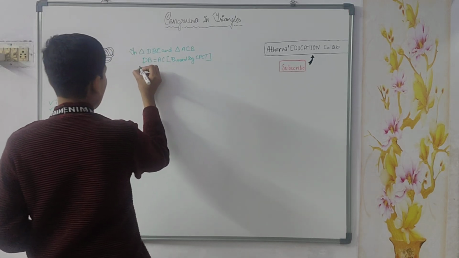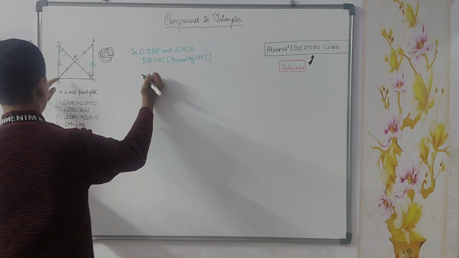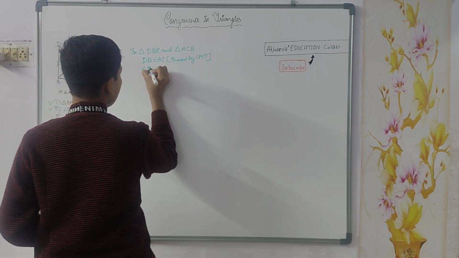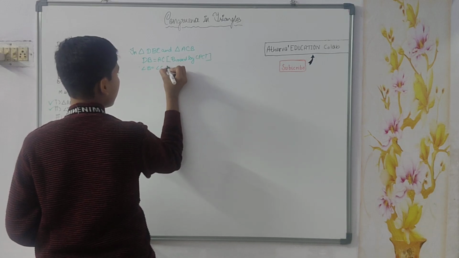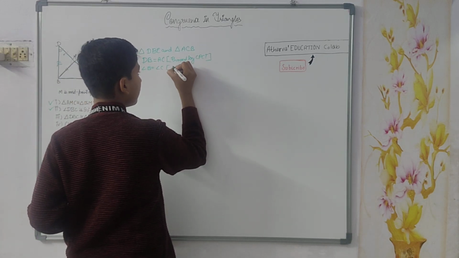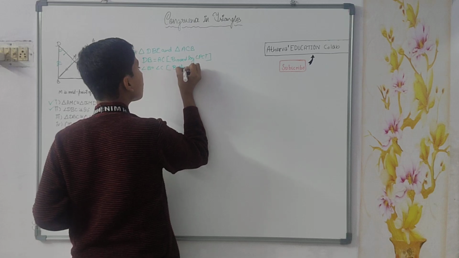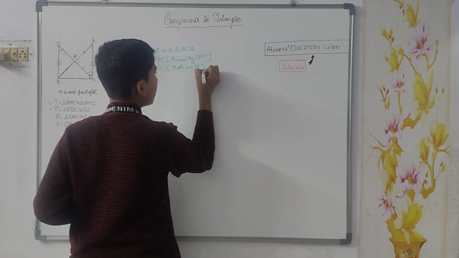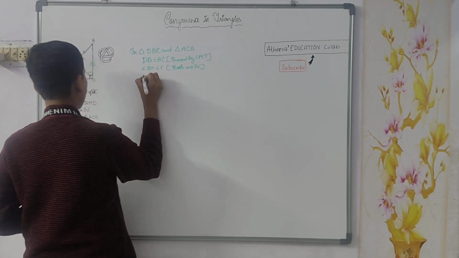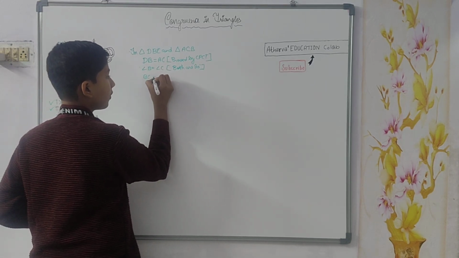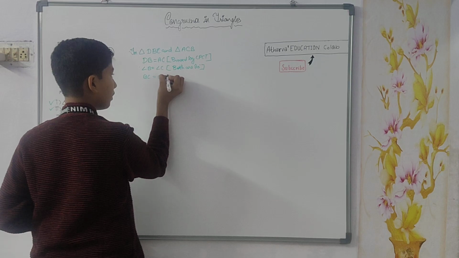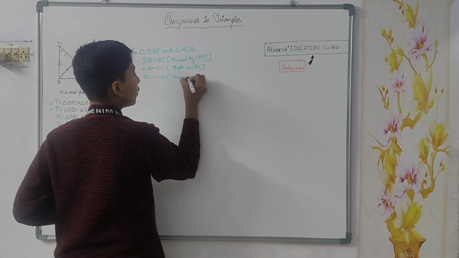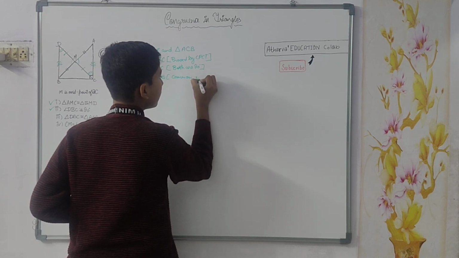And next, angle B equal to angle C, in bracket you will write both are 90 degree. And next you will write BC equal to CB, in bracket you will write common side.